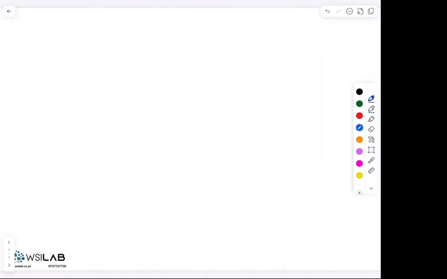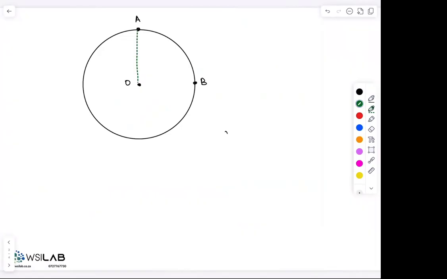Okay, now there's a circular track. And we're going to start here at A. Then O is in the middle. And B is there. So we have a distance there, and a distance there. So I'm going to give you the radius as 20 meters.